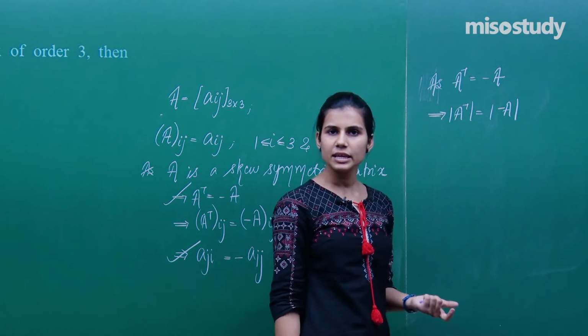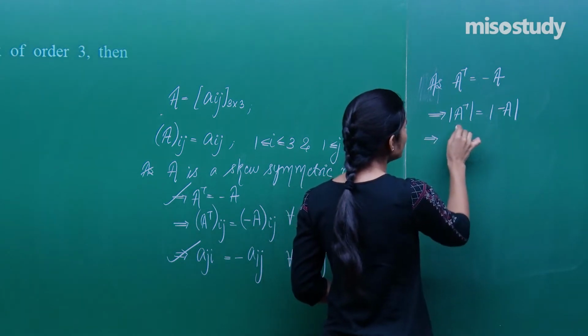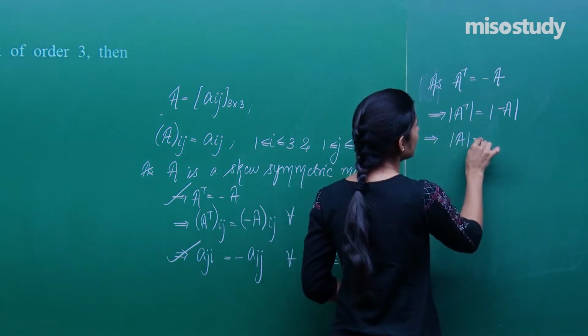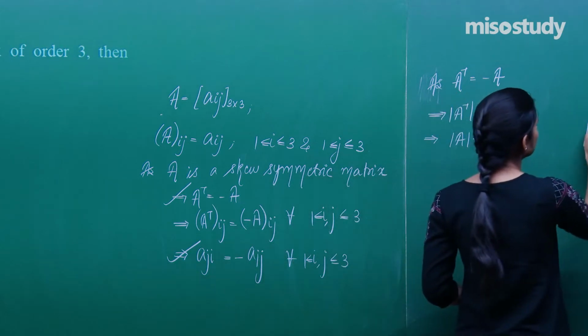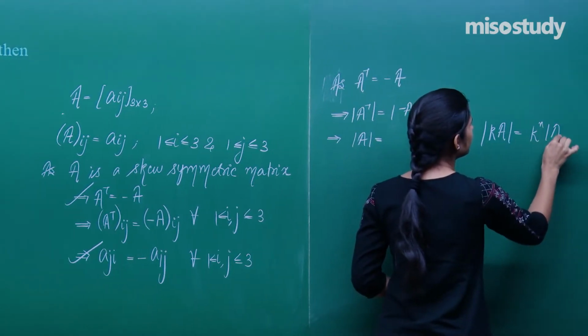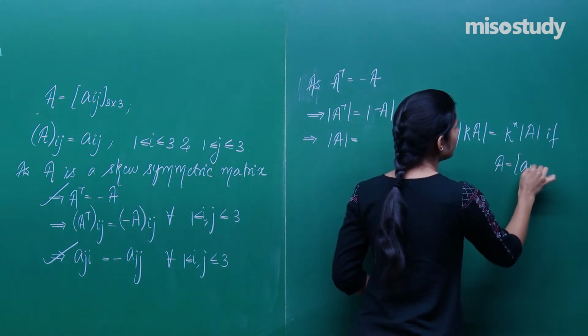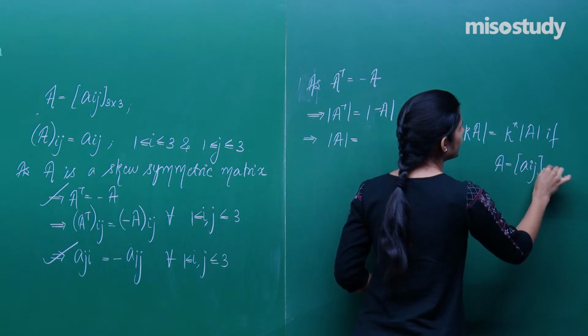If two matrices are same, then the determinants are same, both are square matrices of the same order. I know the determinant of A transpose is same as the determinant of A, and I also know the determinant of K times A is K to the power n times the determinant of A if A is a square matrix of order n.